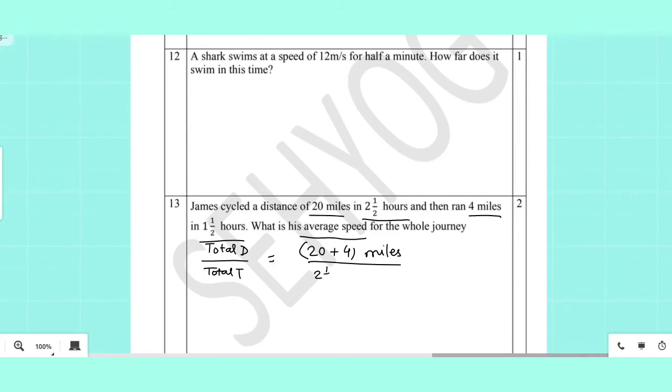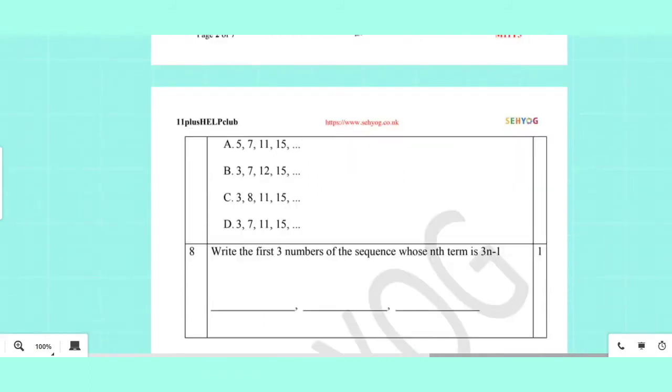And total time taken is 2.5 plus 1.5 hours. So 2 plus 1 is 3 hours and half plus half is another 1 hour. So 4 hours. 24 miles divided by 4 hours. So 24 divided by 4 miles per hour. That is 6 miles per hour, which is the average speed of the whole journey.